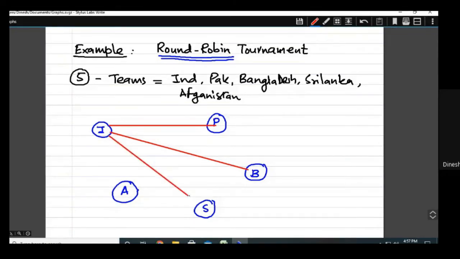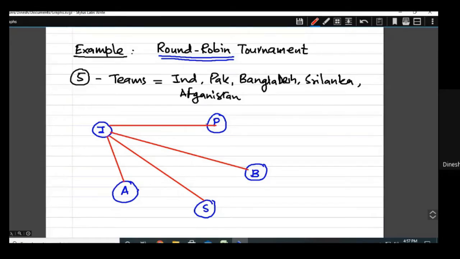India will play with Sri Lanka. Then India will play with Afghanistan. Now about Pakistan's turn, Pakistan has already played India. So Pakistan will play with Bangladesh, Sri Lanka, and Afghanistan.